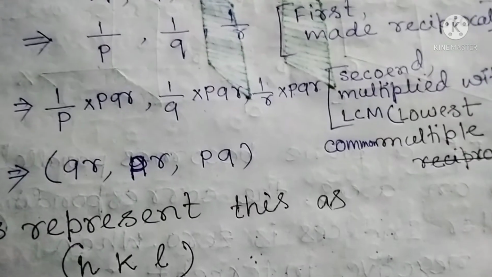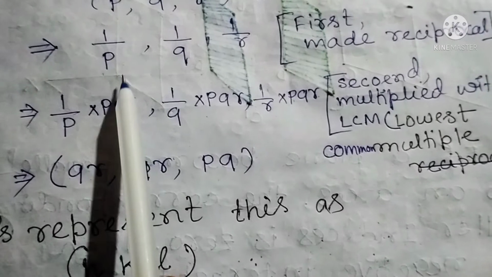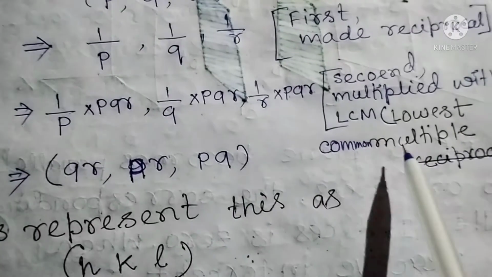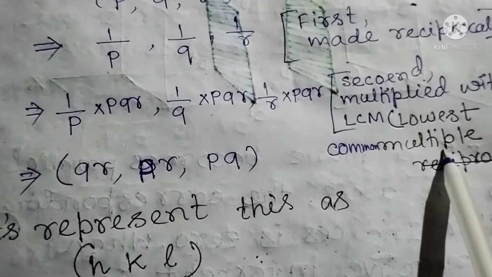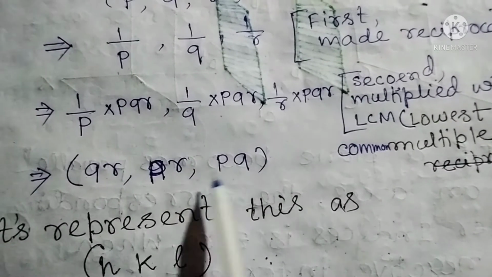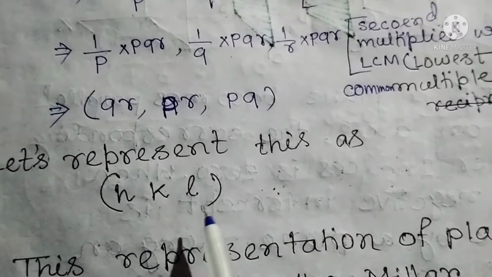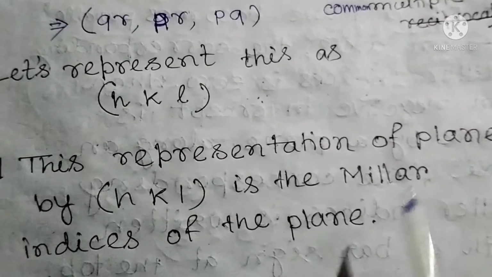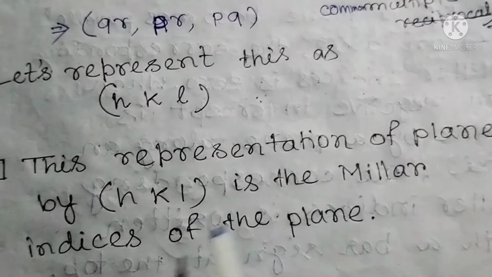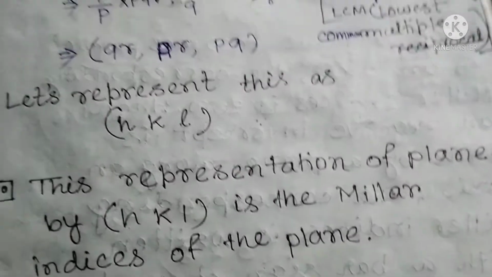In the next step, we multiply these reciprocals by the LCM. What is LCM? LCM is the lowest common multiple. And we get qr, pr and pq. Let's represent this as h, k, l. This representation of planes by h, k, l is the Miller indices of the plane.